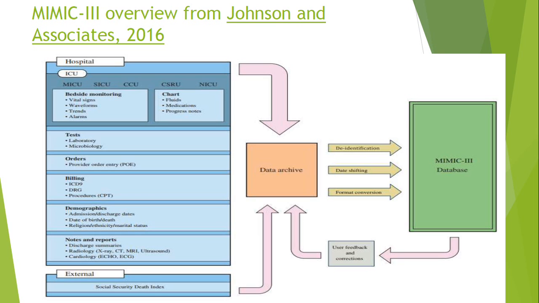And then it all goes into this data archive, which really, in the context of data analysis, is a data warehouse. There is a little bit of update, but for the most part it's a static database that you can see constructed in this diagram.